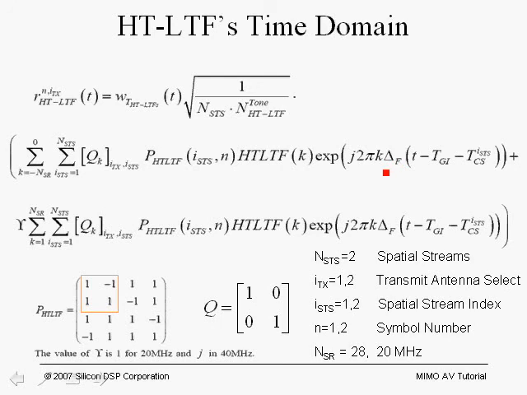As the index K goes from minus 28 to plus 28 in our case, we obtain the carriers. Therefore, you can actually generate the time domain high throughput long training fields given the number of spatial streams and number of transmit antennas.